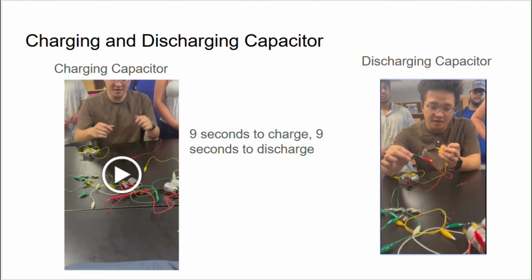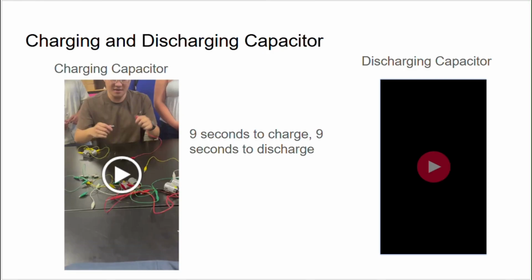So when this one is fully charged, all in all, it took 9 seconds to charge the capacitor and 9 seconds to discharge it. And in the discharging, the light went out and it discharged the capacitor.